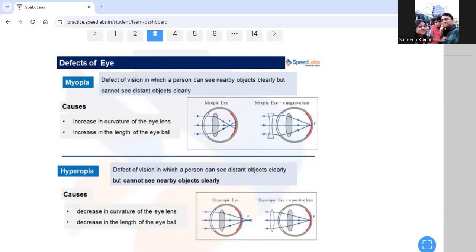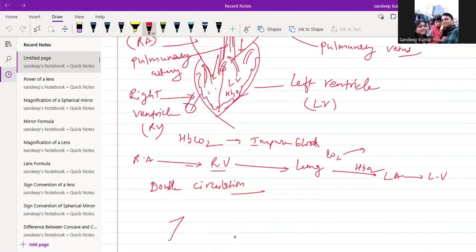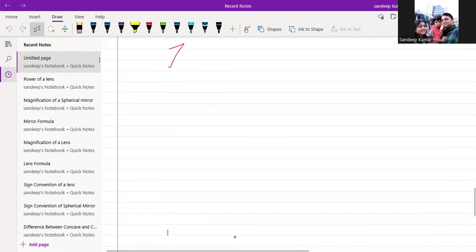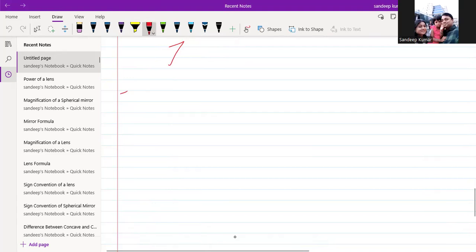Okay, I'm just writing here. Here you can see, children, myopia, spelling M-Y-O-P-I-A, is also called what? Short-sightedness. And the second one, what we learned?